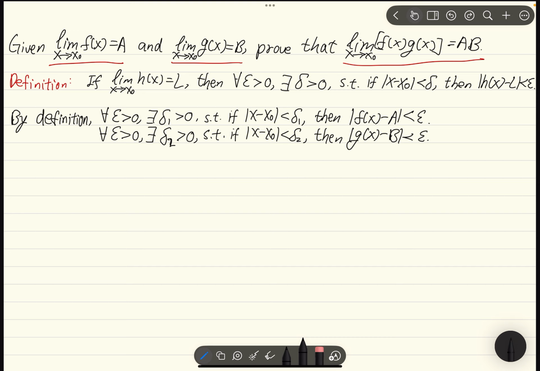So now continuing our writing, what can we do?